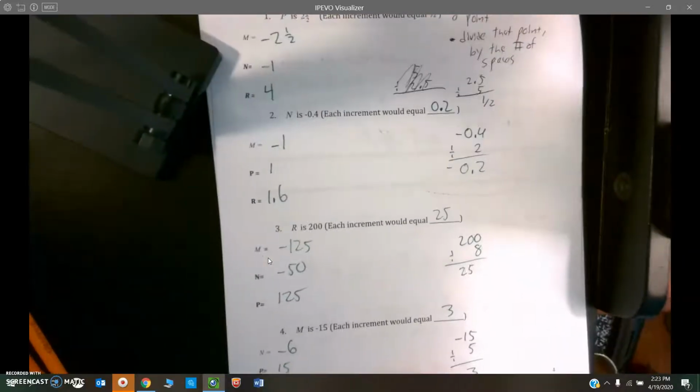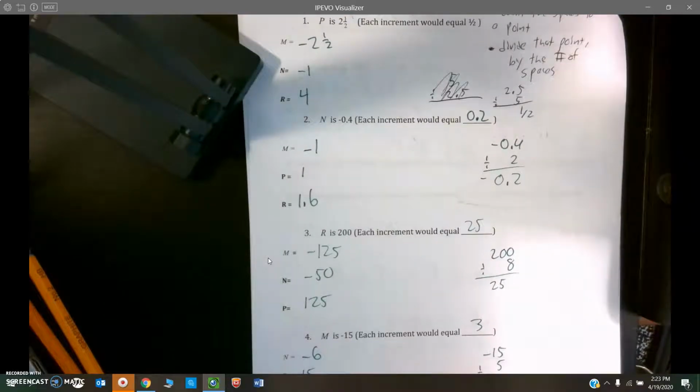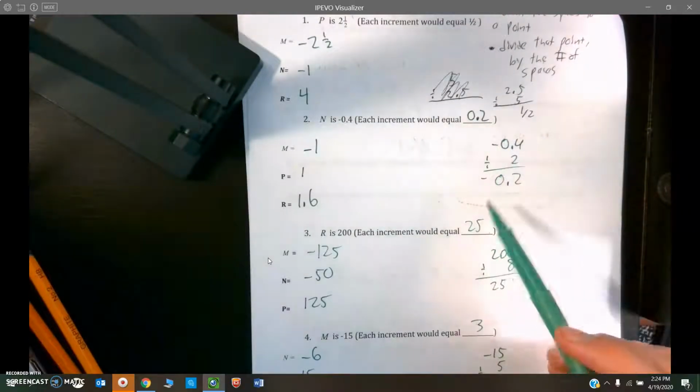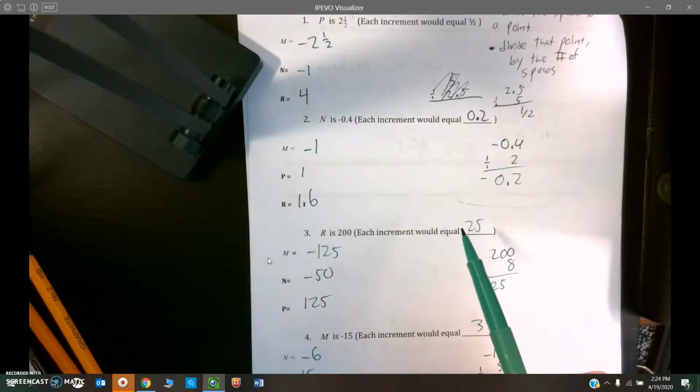So once again, it's important to note that your increments are not always counting by 1s. Your intervals could be counting by 2/10, or by 25, or by 3. In order to figure out the increment, you need to have a value and know how many increments it took to get there.